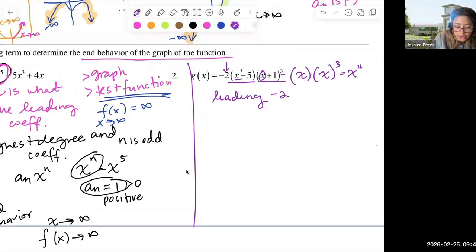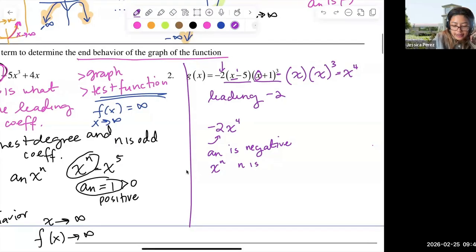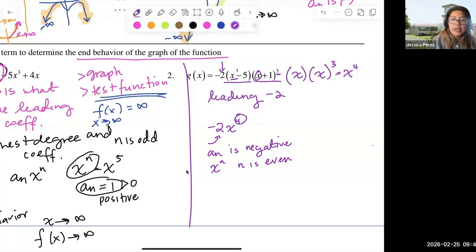So my leading term will be -2x to the fourth. Now here, my a sub n is negative, but n is even because 4 is even. So we have an even polynomial, but my coefficient is negative.